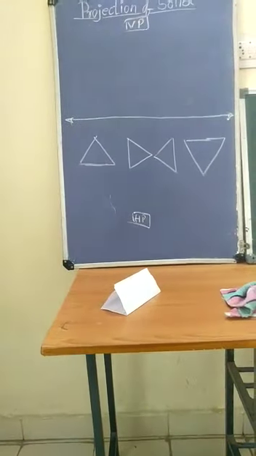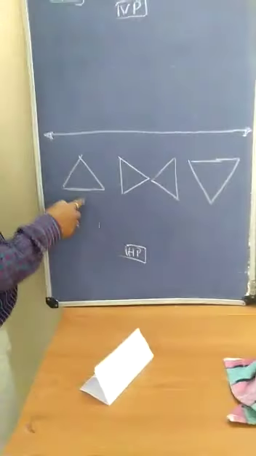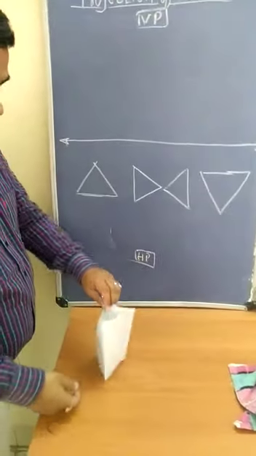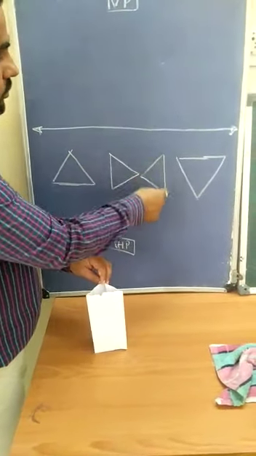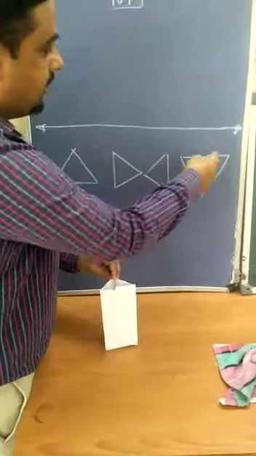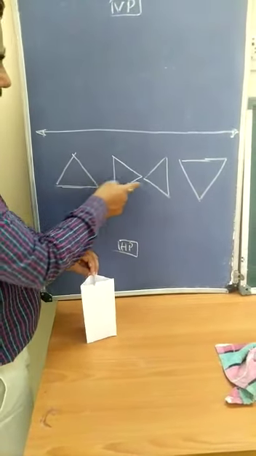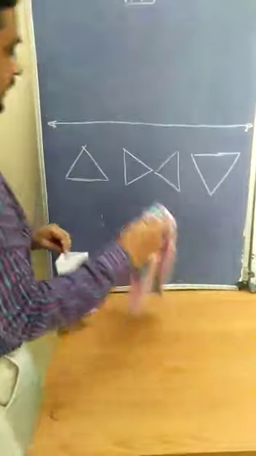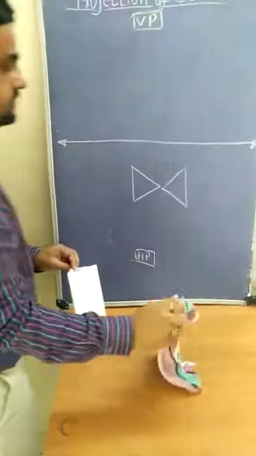Now see. In this case the side of base is parallel to VP. Here it is perpendicular to VP. Here also perpendicular to VP. Here also parallel to VP. So out of these options, you will have to select this or this, because this one is not according to the problem statement, and this is also not according to the problem statement.